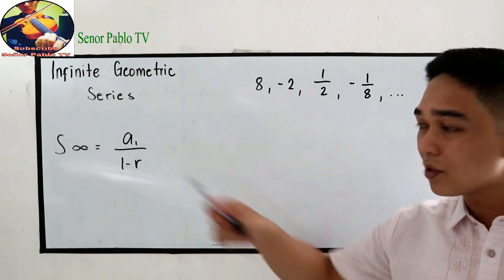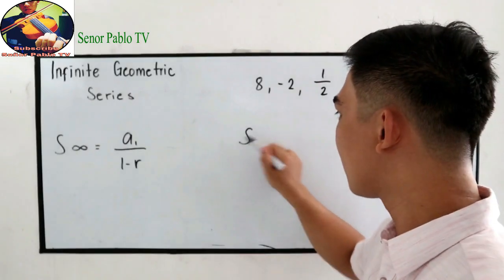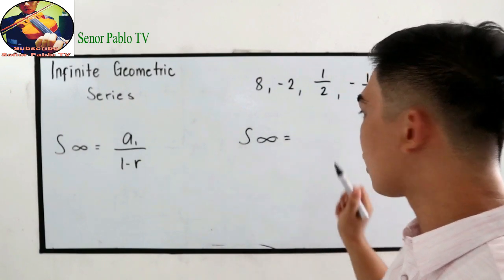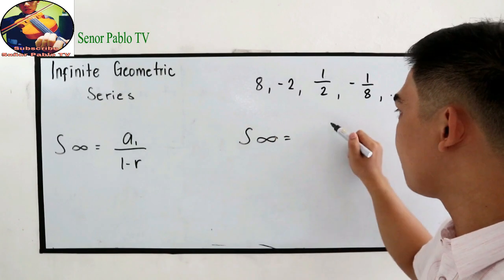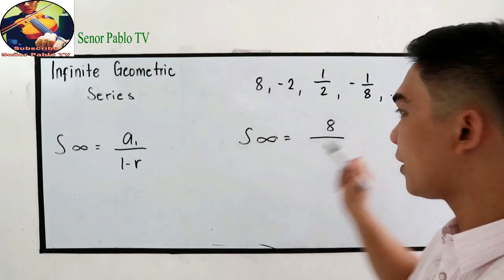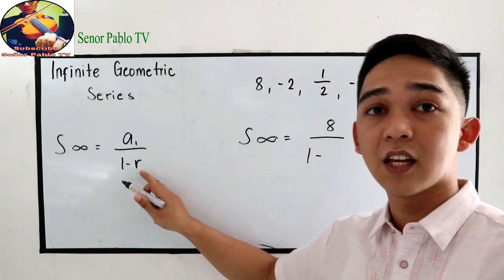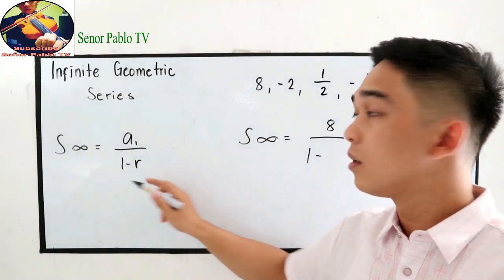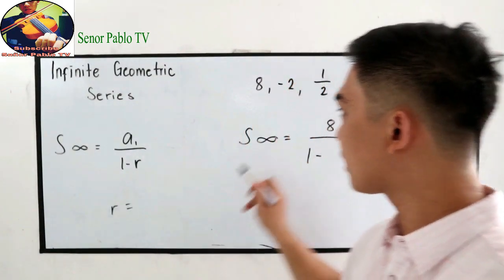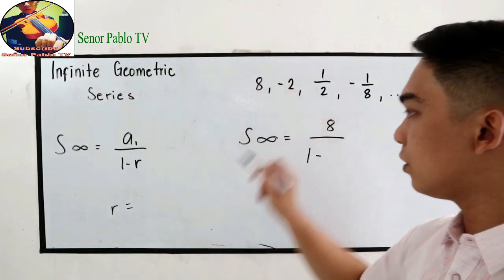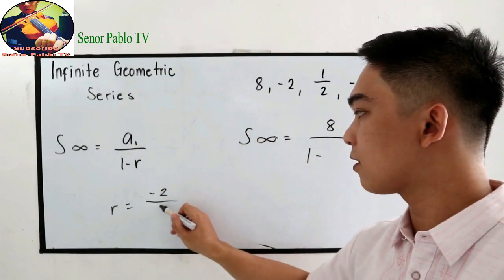So, gamitin natin yung ating formula. S infinity is equal to ang A1 natin, so given, which is 8, over 1 minus R natin, which is the common ratio. So, hanapin muna natin. Ang R natin dito sa case na ito is A2, negative 2, over A1, which is 8.